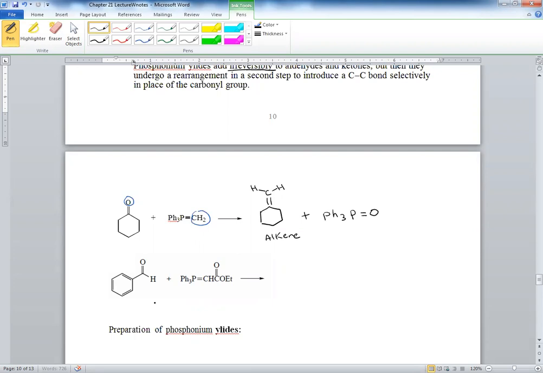Same thing here. Replace the O with whatever is attached to the phosphorus. So this O will be replaced by this whole thing.